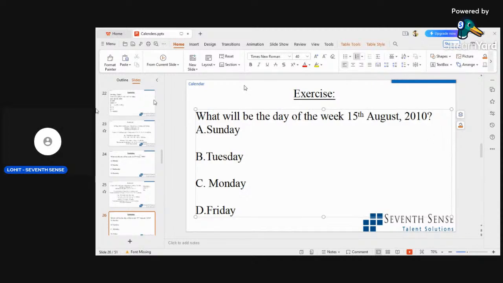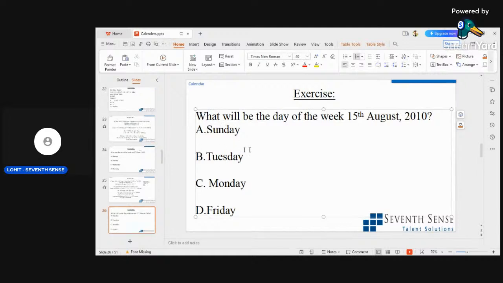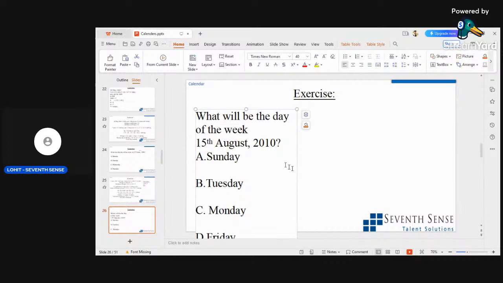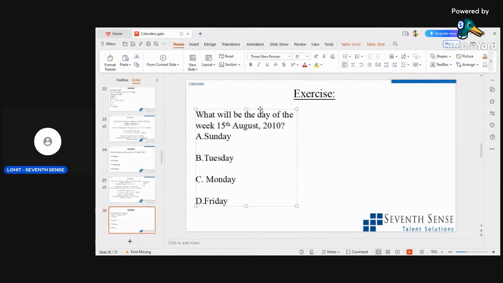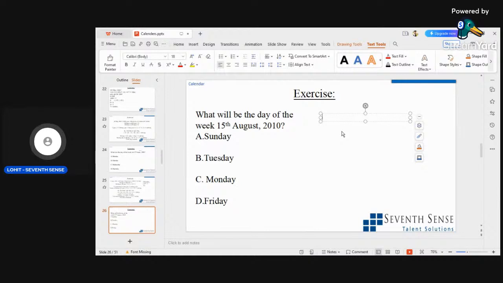Okay, let's see here. Okay, so I will divide this into two parts. One is 15th August 2010 plus 2009.